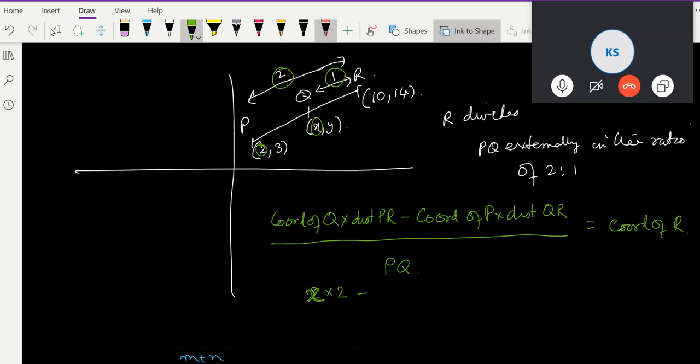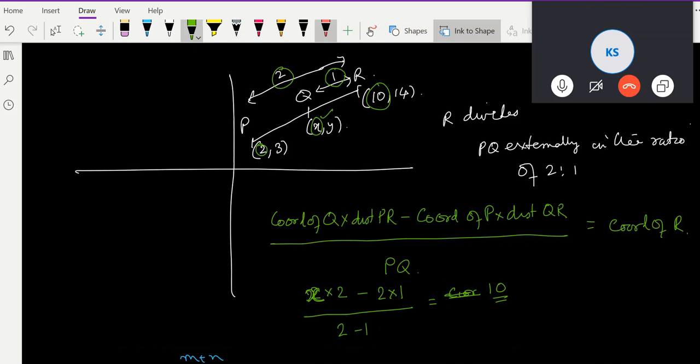Coordinate of Q is x. x into 2, minus coordinate of P, which is 2, into distance of QR, which is 1, by PQ, which is 2 minus 1. This is coordinate of R, which is 10. You can do it by drawing the triangles, but I'm just showing you the logic so that you can calculate quickly.